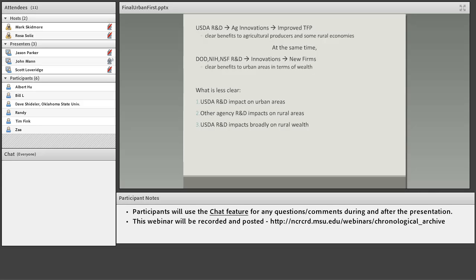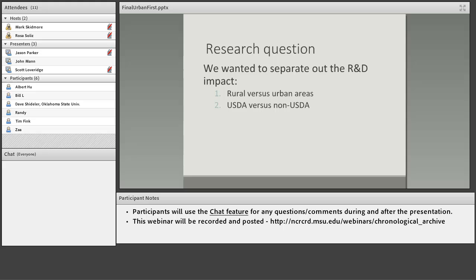To be clear, this is how we set up our research question, and this is how we were thinking about it. So what we wanted to do was separate out the R&D impact between rural and urban areas, and separate out two kinds of agency-managed programs, USDA versus non-USDA research and development.